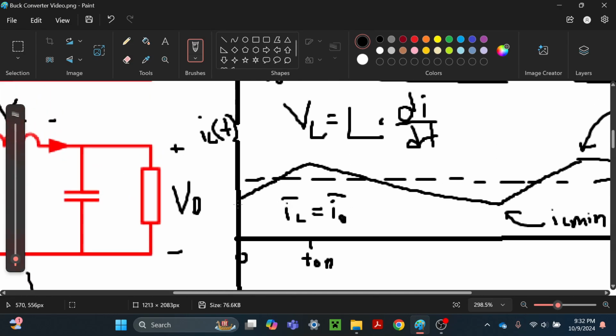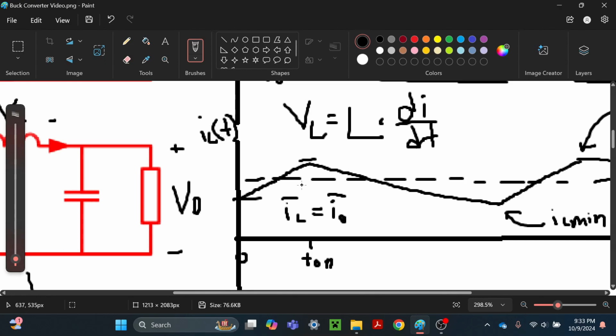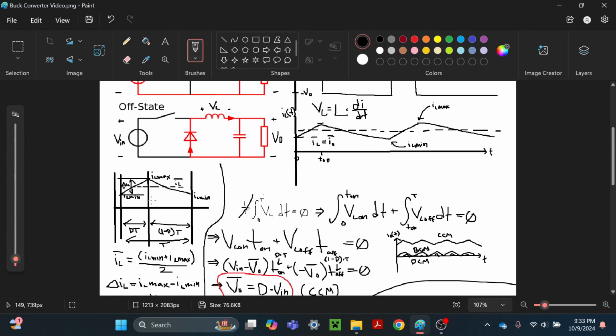So we know this slope is going to be in amps per unit of time, so amps per second, right? And we know the amount of seconds that it takes to go from here to here, which is delta IL. We just multiply the amount of time it takes to go from IL min to IL max by this slope, and that gives us the total change in current.